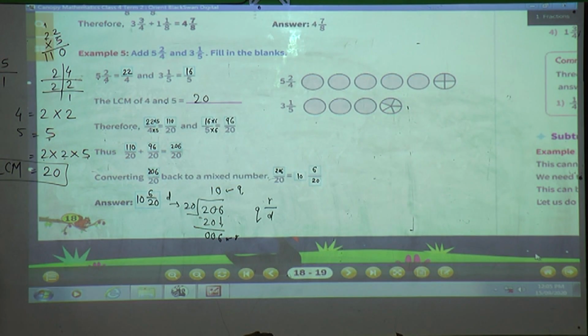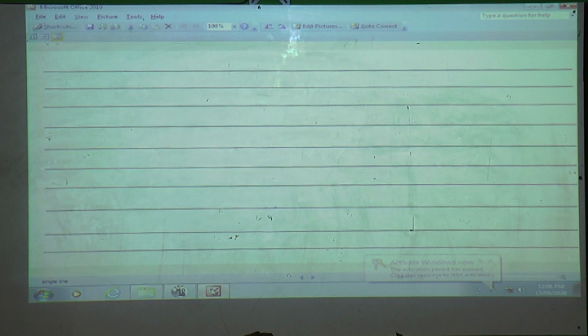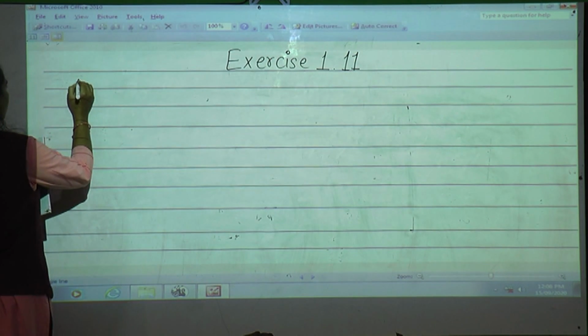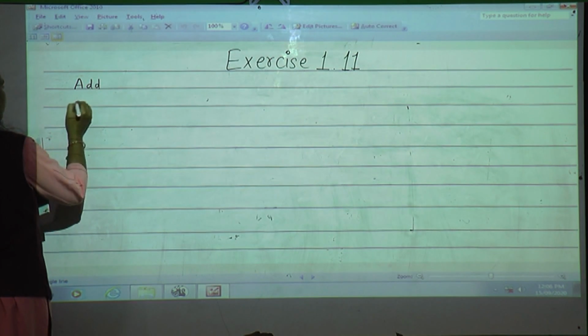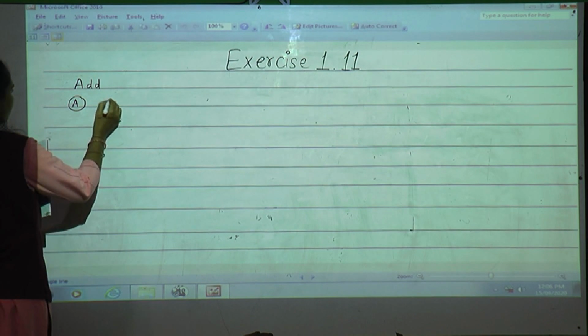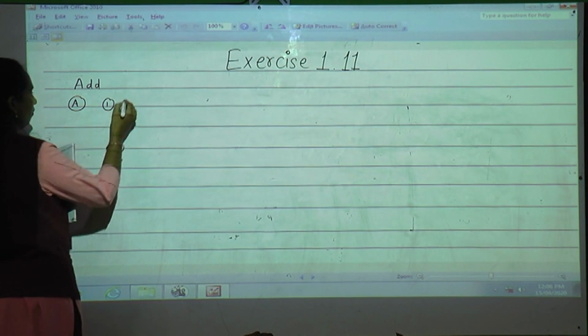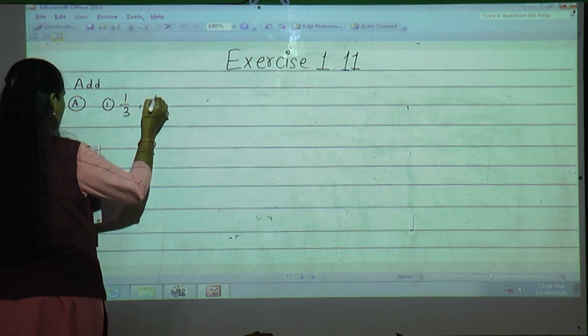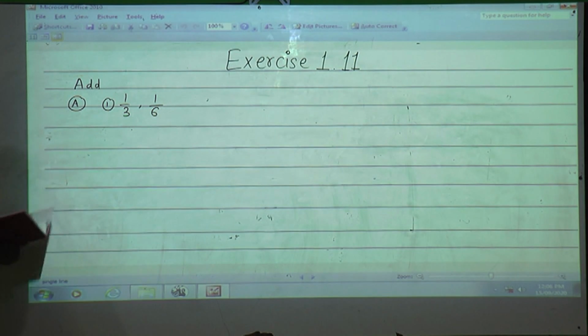Yes, very good. Now we will start solving our exercise 1.11. The question is add. In that A, the first one, 1 upon 3, comma, 1 upon 6. Now see, in this case the denominators are different. So when the denominators are different, we need to find out the LCM first, isn't it?